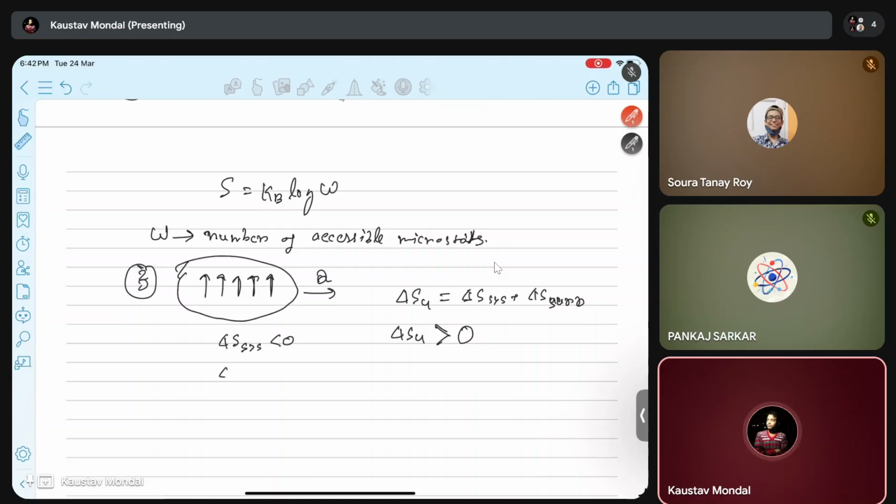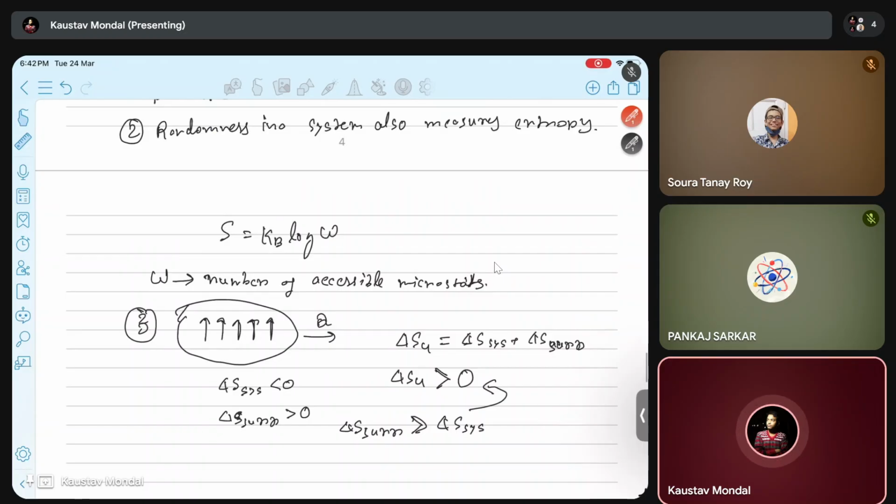But for the surroundings, since some heat is coming out, the change in entropy of the surroundings is greater than 0, and this should be greater than the change in the system, to ensure that the change in entropy of the universe is always greater than 0.